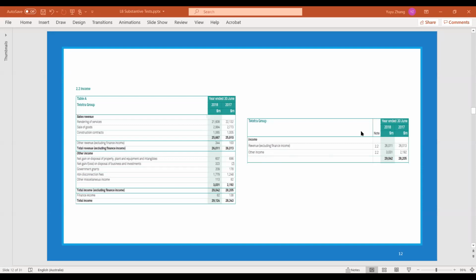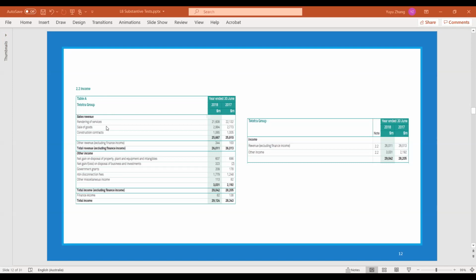So from my analysis of this page, if we are looking at this company, Telstra's income, it seems the majority of the revenue is from services, right? So consider their core business. So it's quite reasonable to me. So it is okay.